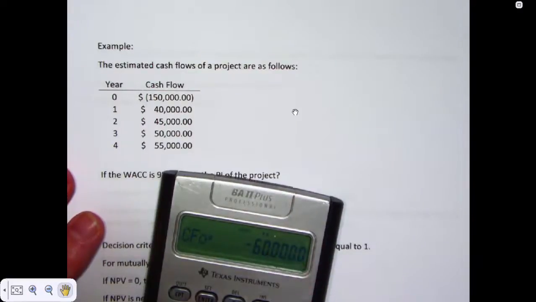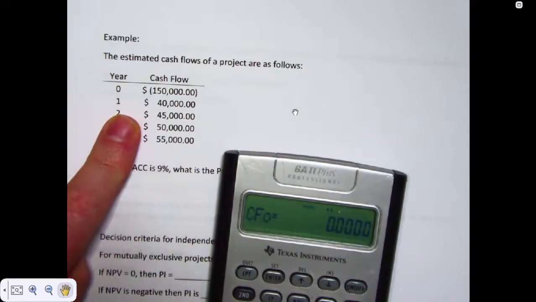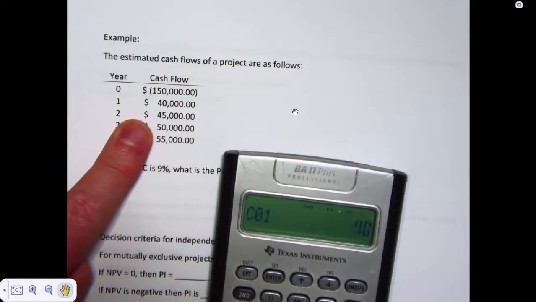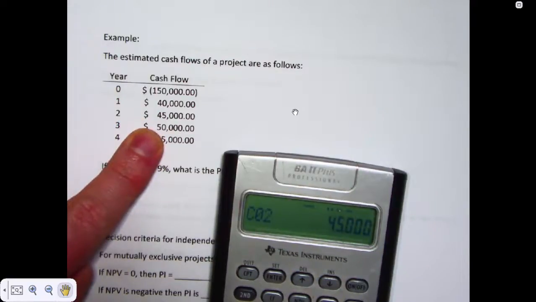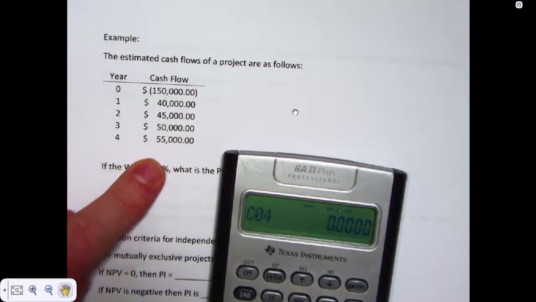My cash flow at time 1 is 40,000, and then enter. My cash flow at time 2 is 45,000, and then enter. My cash flow at time 3 is 50,000, and then enter. My cash flow at time 4 is 55,000, and then enter. And so that's all my cash flows, just like the original example.